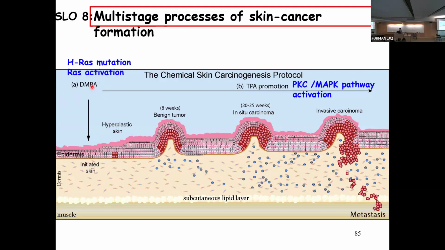If you add dimethylbenzanthracene, that leads to HRAS mutations, specifically in codon 61, leading to RAS activation. And that eventually, in combination with a tumor promoter called phorbol esters or TPA, will lead to protein kinase C or MAP kinase pathway activation, essentially driving this process of cellular transformation.